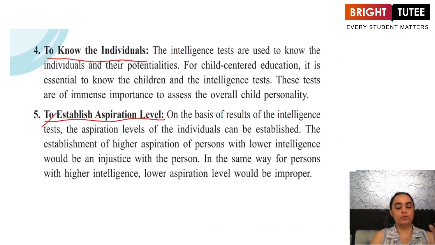Those students who aspire to become scientists, but whose intelligence test shows that they have a lower intelligence, are guided, told in a manner which would not be hurtful, that you should not go for this, rather think of considering this option. Similarly, those students who have a higher intelligence but wish to take up some course of a lower aspiration level are going to be guided in a similar manner.